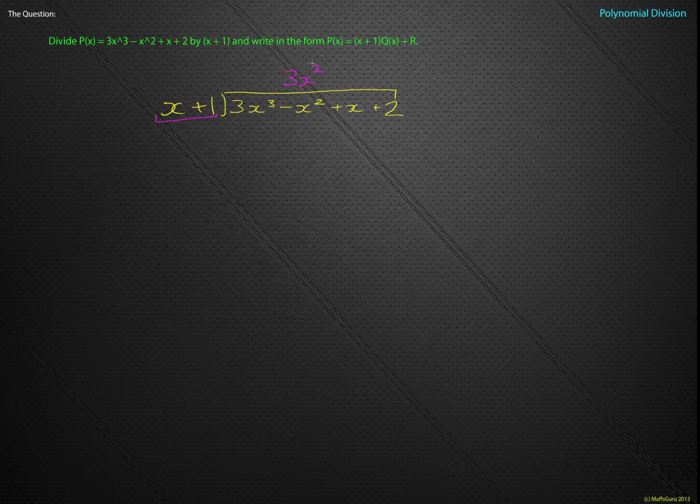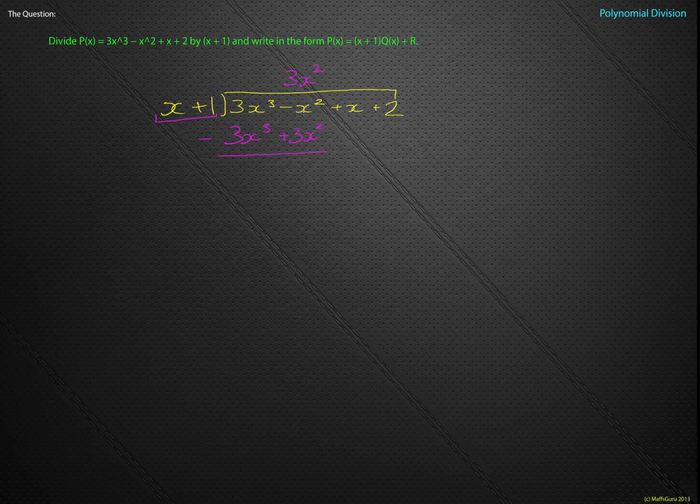So 3x squared multiplied by x gives me 3x cubed. And if you remember, we always want that term to be there. And then 3x squared times plus 1 is plus 3x squared. I've written something there, draw a line, take them away. So 3x cubed minus 3x cubed is 0, and for completeness I'm not going to write that in there.